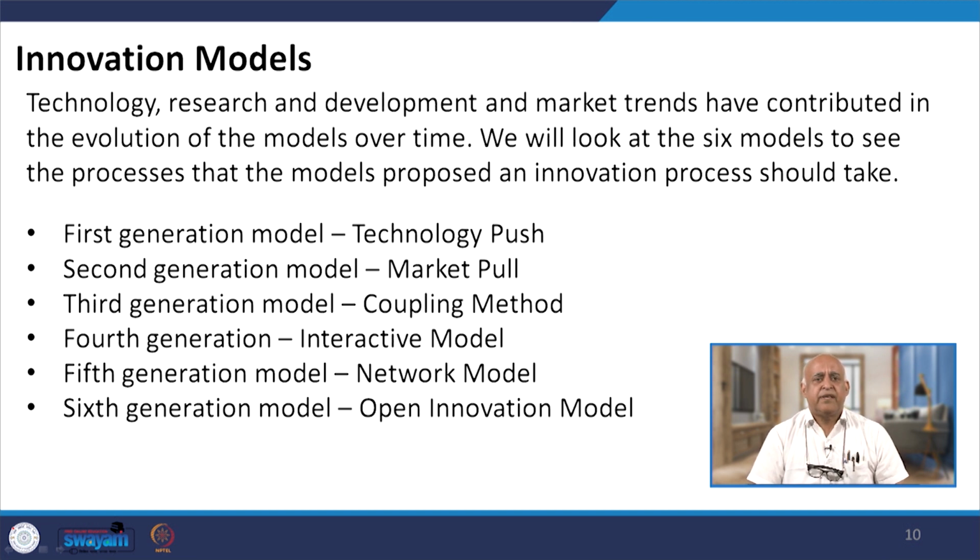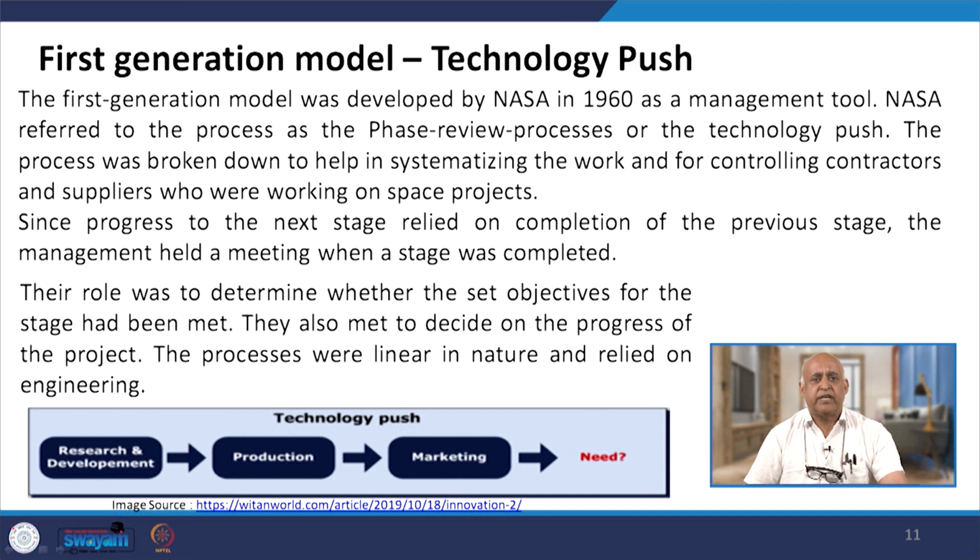The first generation model is technology push. The second generation model is market pull. The third generation model is the coupling model. The fourth generation is the interactive model. The fifth generation model is the network model, and the sixth generation model is the open innovation model. Now we will talk about all these six models one by one.